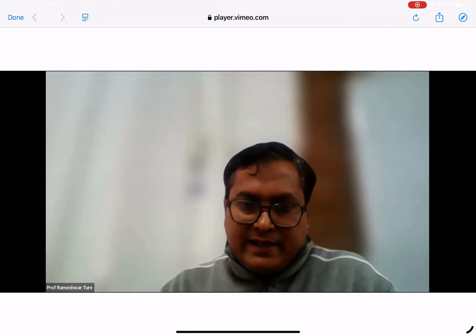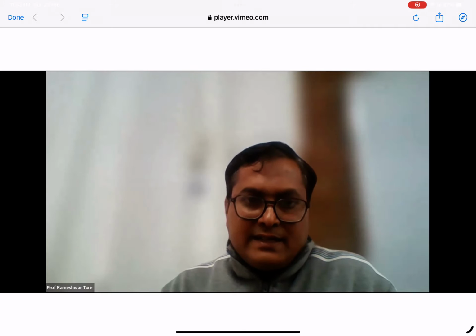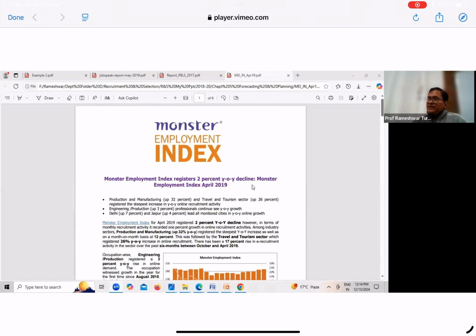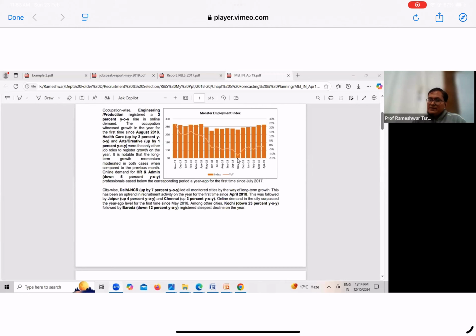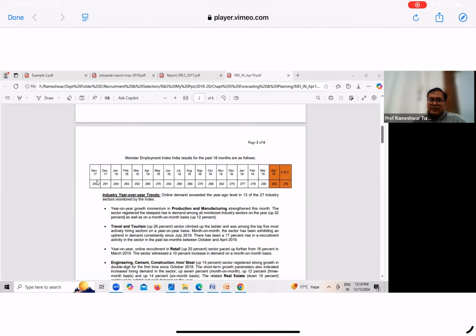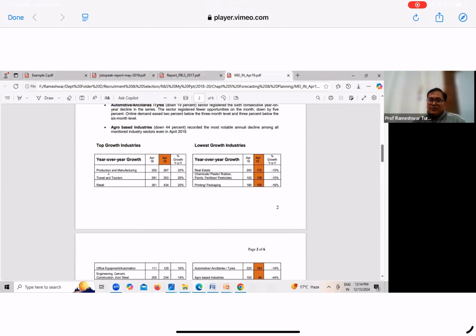This is another, not SHRM, but another report from Monster.com. They come up with an index and reports every month. It is called the Monster Employment Index report. In November 2017, how many jobs were there in Monster's databases, in production and manufacturing? In April 18, how many jobs were there? April 19, how many jobs are there?